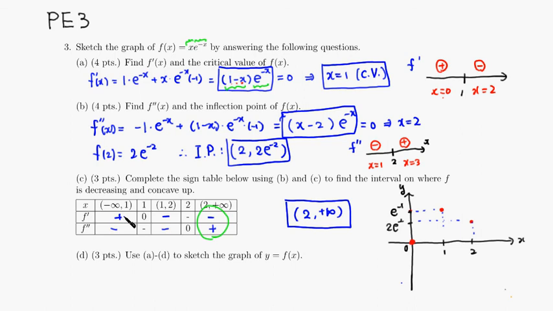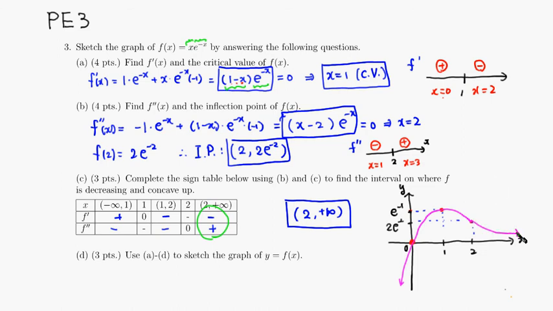Then we have to follow this shape: increasing and concave down. So the graph should look like this, increasing and concave down. After that it's decreasing and concave down, and after the inflection point it's still decreasing but concave up.